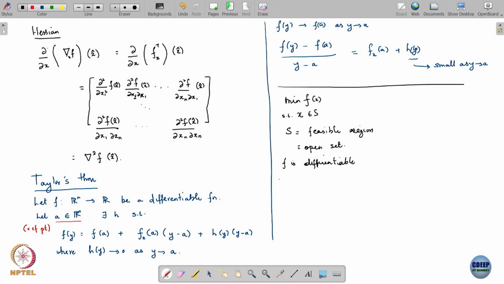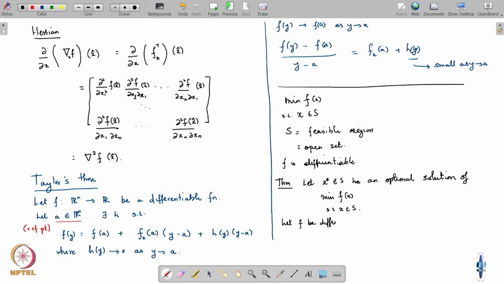So let me write the theorem. Let x star in S be an optimal solution of the optimization problem: minimize the function f subject to x in S. Let f be differentiable and let S, a subset of Rn, be open.